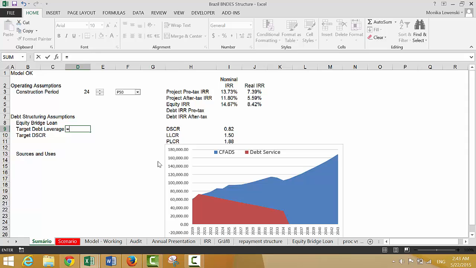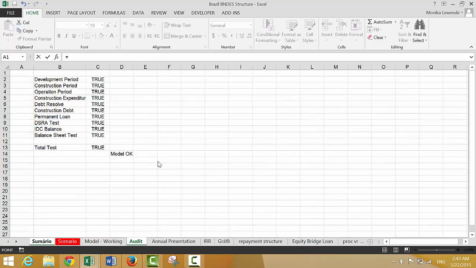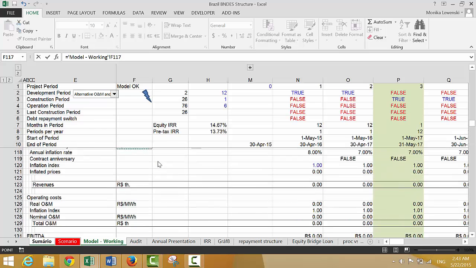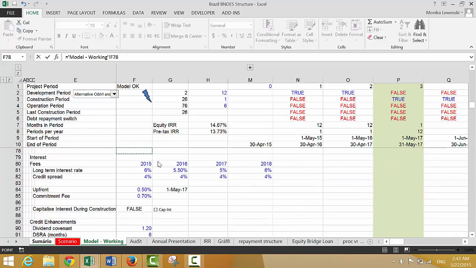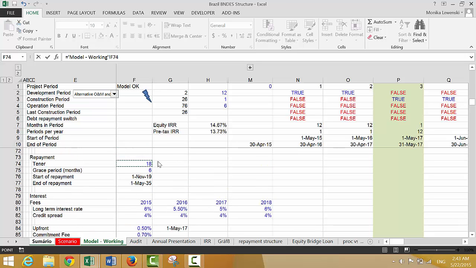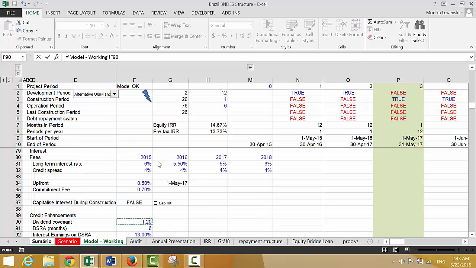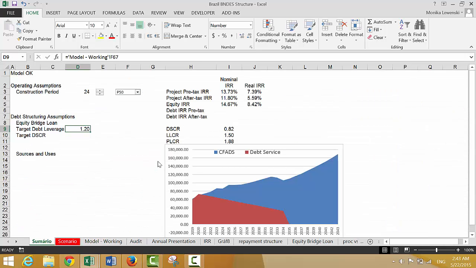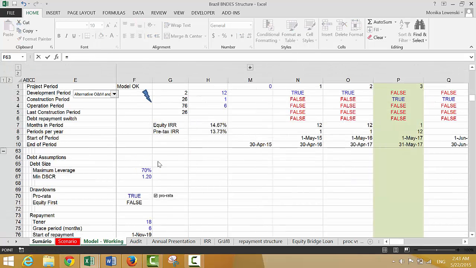Okay, and when we do that, we will put these assumptions in a different page, but we won't do that until we're just about finished. And so the DSCR covenant, which is down here, and then we'll put the debt leverage.